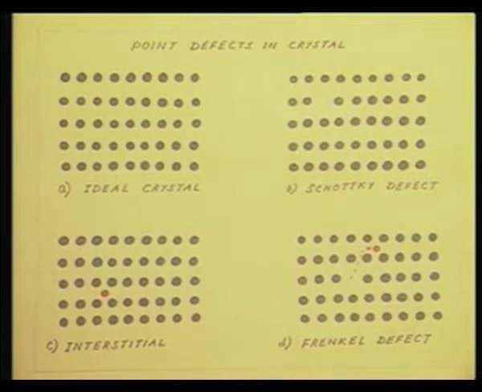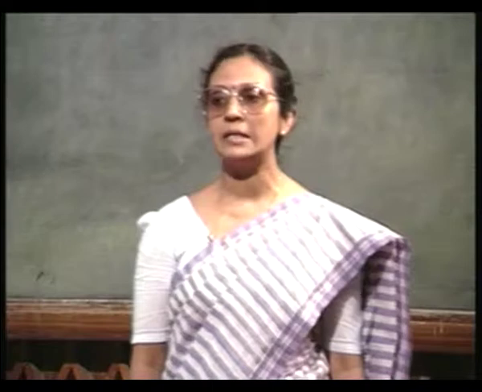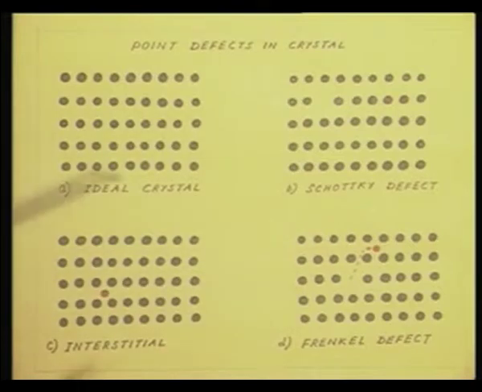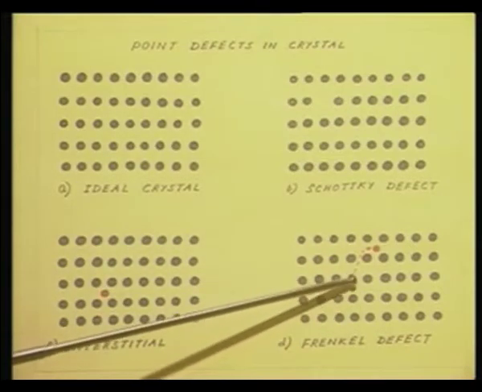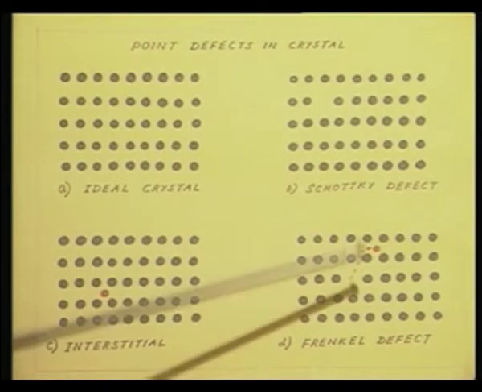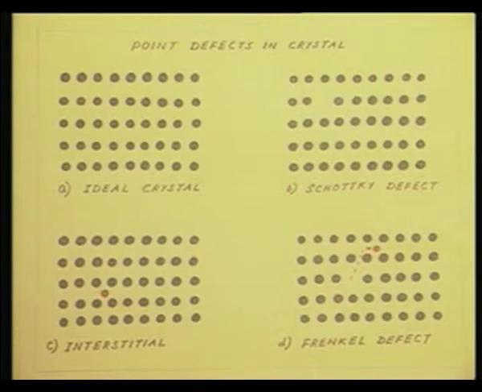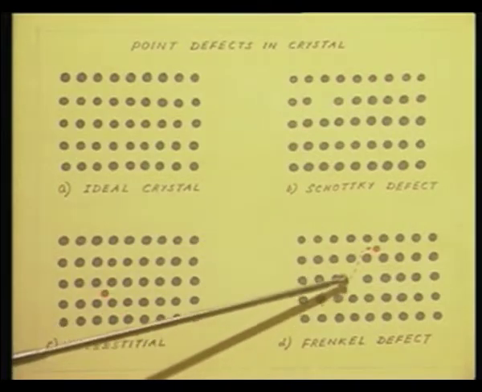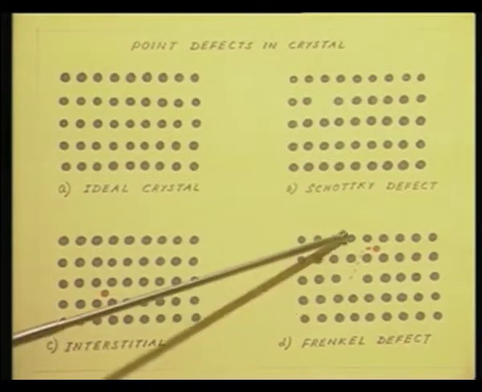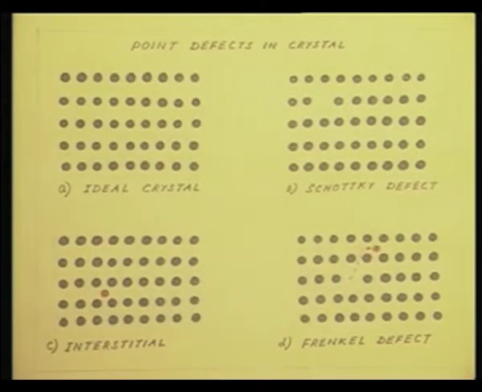Finally, I can have a vacancy interstitial pair, which is also called a Frenkel defect. Look at the situation here. Originally, I had an atom here, that was my regular crystal structure. Now, one atom from its regular lattice site has moved inside an interstitial space as shown by the red arrow.